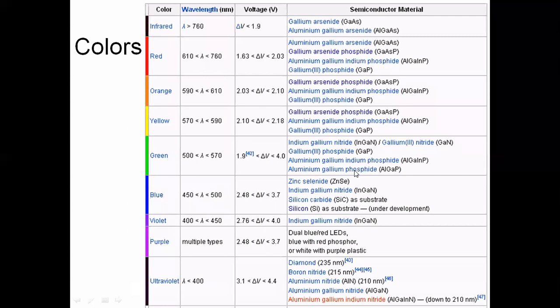So I can make a conclusion. Ultraviolet has a very low wavelength, and for a very low wavelength LED, the required voltage is much higher. And an LED of high wavelength, that is infrared, which is 760 nanometer, requires a very low voltage, isn't it?